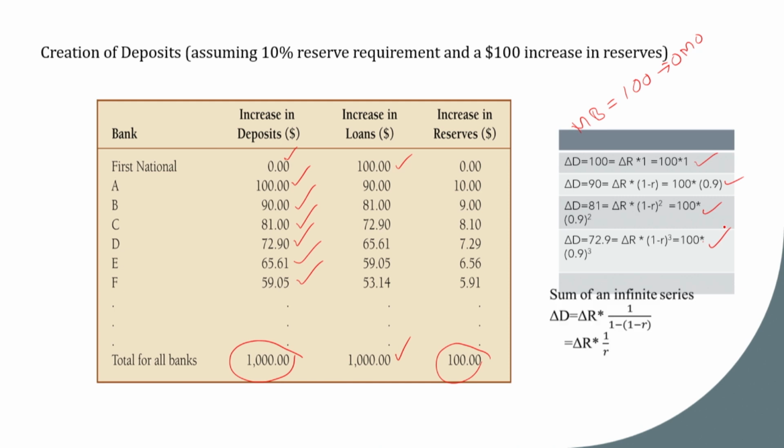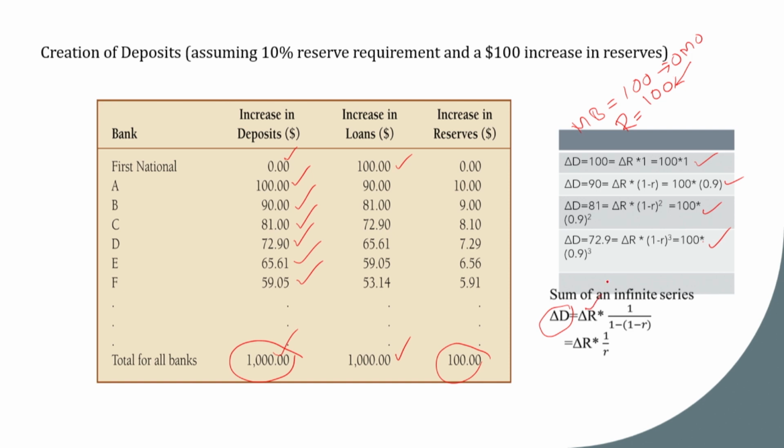Finally, if you sum up, the sum of an infinite series is equal to the total increase in deposits, del D, which is equal to del R. Del R is the reserve that came to the banking system, that is $100. We have seen through the open market operation that $100 has reached the banking system.